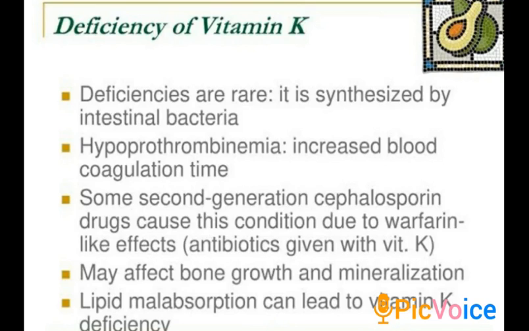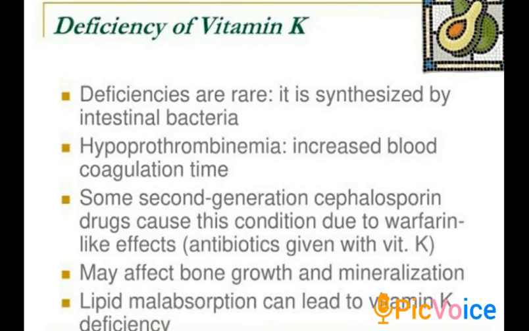This may also affect bone growth and mineralization. Vitamin K deficiency may occur only under the following conditions like malabsorption of lipids or prolonged antibiotic therapy and gastrointestinal infections with diarrhea. Both of these conditions destroy the bacterial flora, leading to vitamin K deficiency.